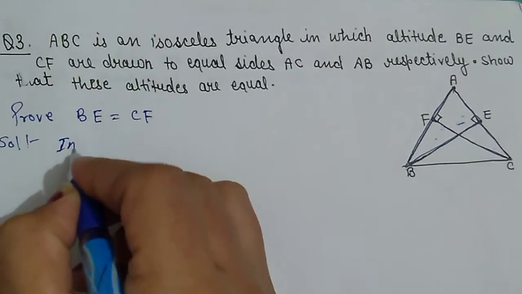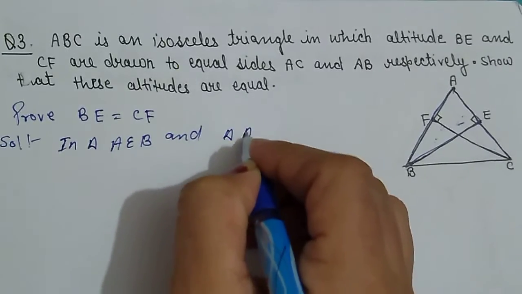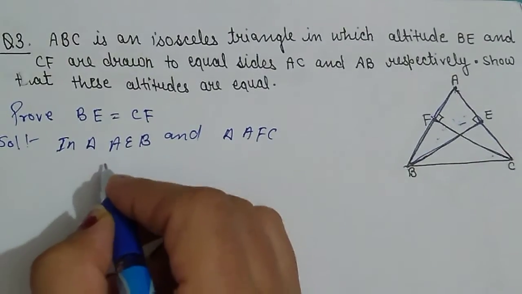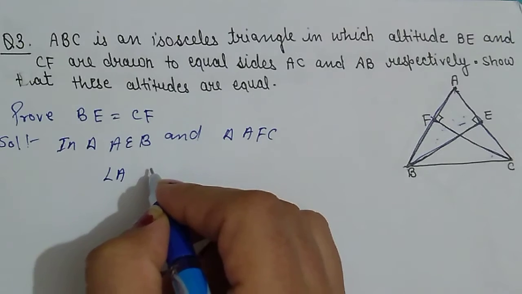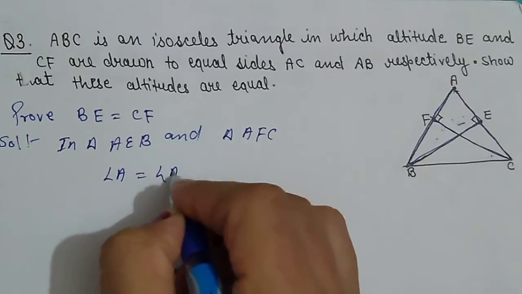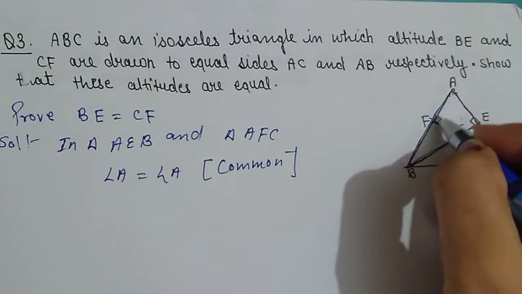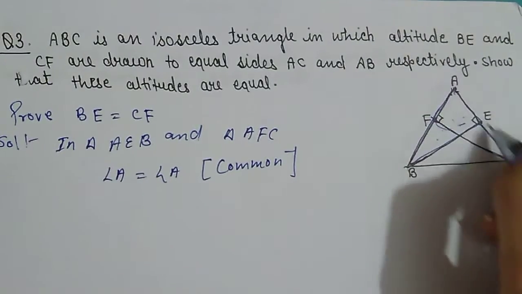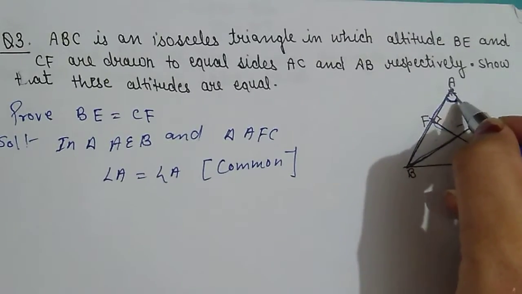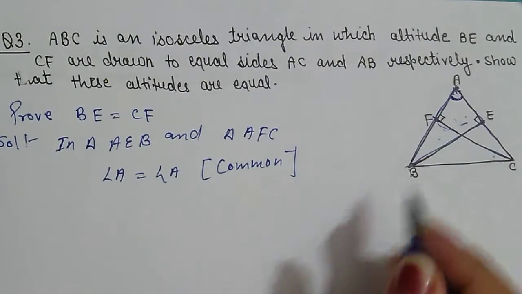In triangle AEB and triangle AFC, first we write angle A is equal to angle A. Why? Common. When we talk about this triangle, this angle comes, and in this one, again this angle comes, so angle A is common in both triangles.